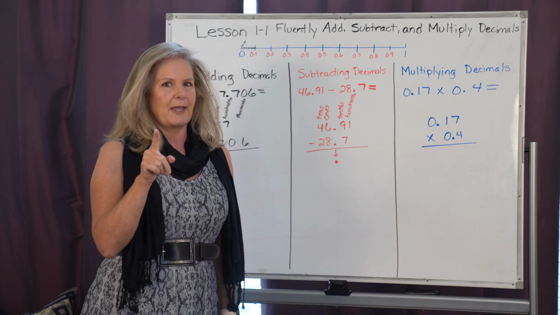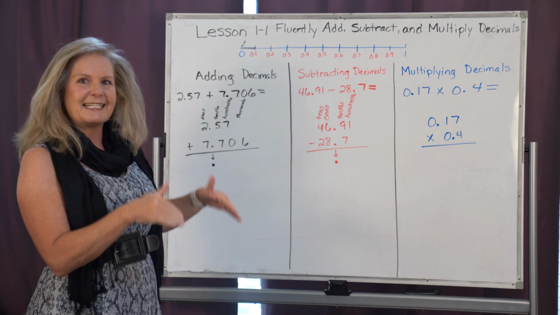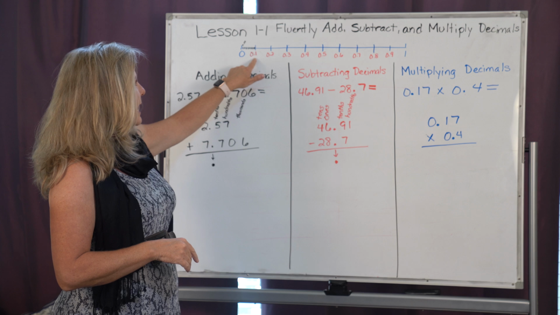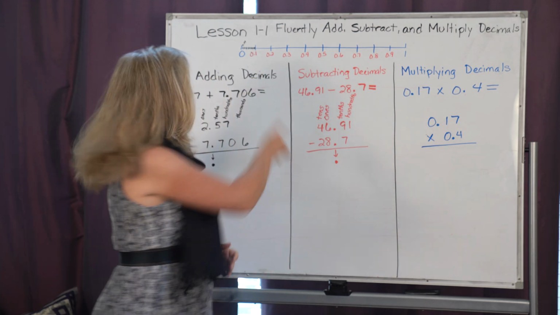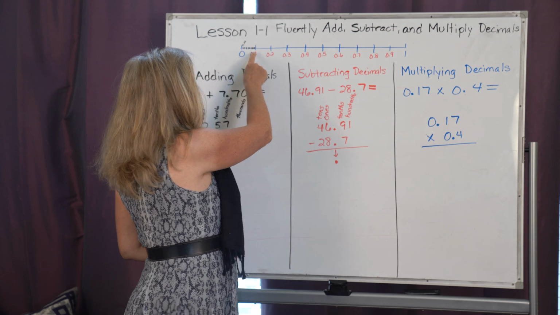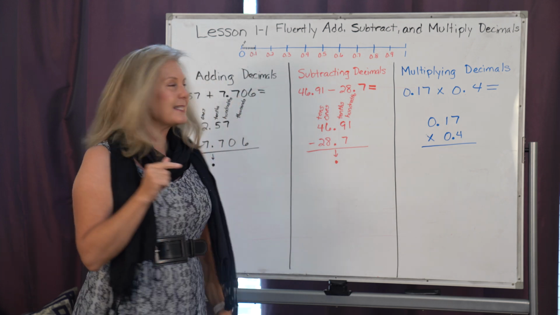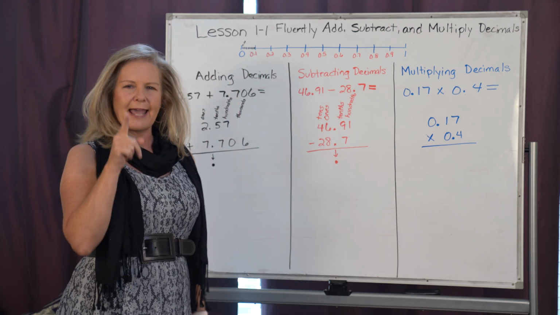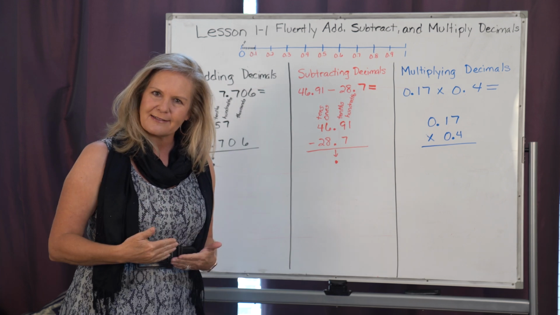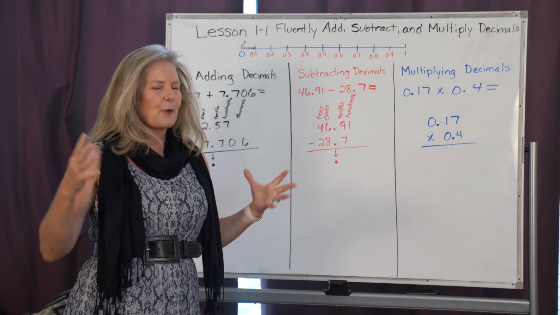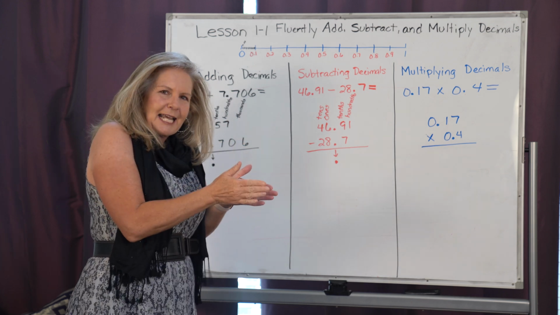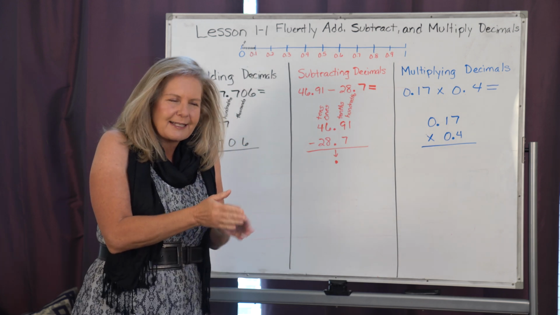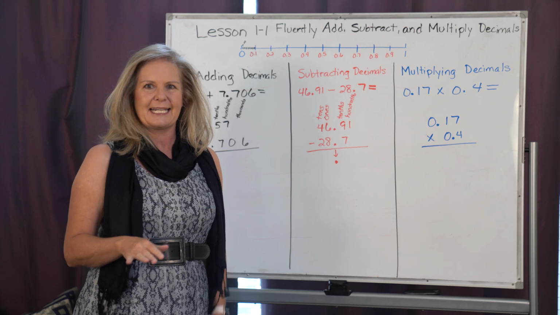But it doesn't stop there, because I can take that distance between 0 and 1/10 and cut it into 10 more sections. And if you see these tiny little tick marks, you'll see I have 10 tick marks. That becomes our hundredths. So our decimals are really just taking our number line and separating it down into equal sized sections that are very, very tiny.